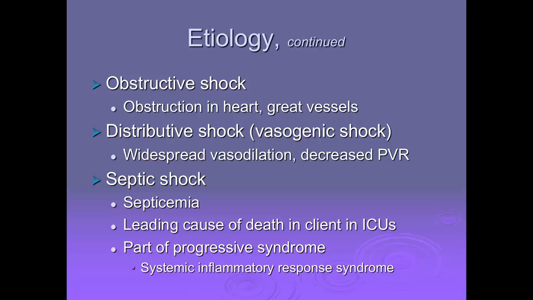Right, looking at obstructive shock. This is caused by an obstruction in the heart or great vessels that impedes venous return or prevents effective cardiac pumping action. Causes of obstructive shock are impaired diastolic filling, pericardial tamponade, or a pneumothorax.